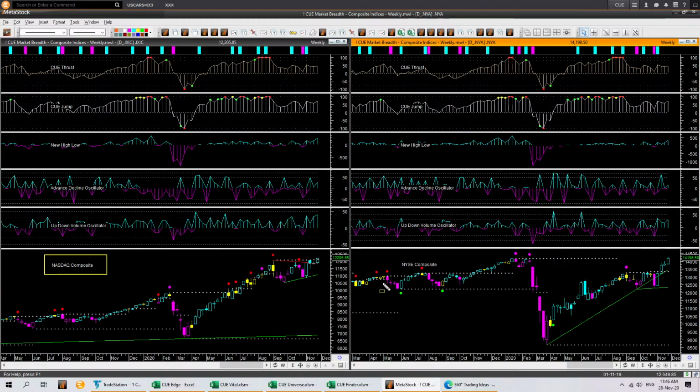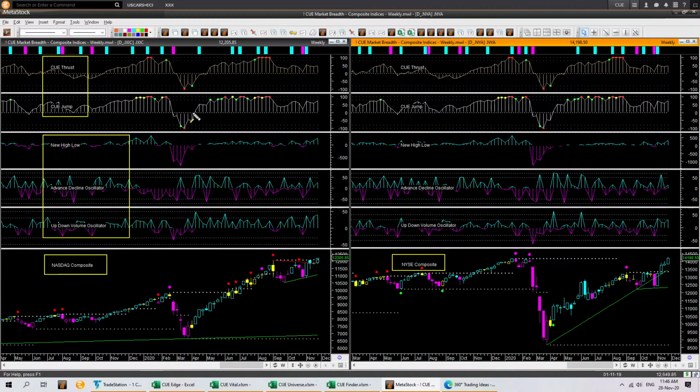Here I am looking at the Nasdaq composite and NYSE composite along with the 3 pairs of internals here: new high low, advanced decline, up down volume, and finally the 2Q indicators, thrust and jump.